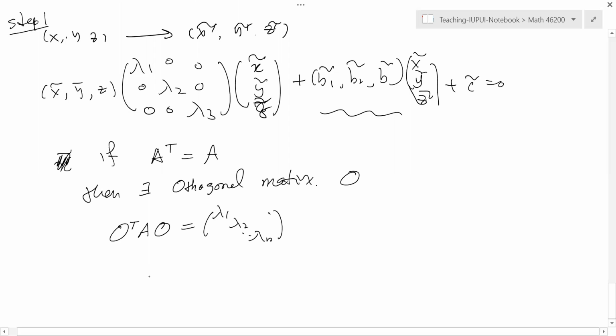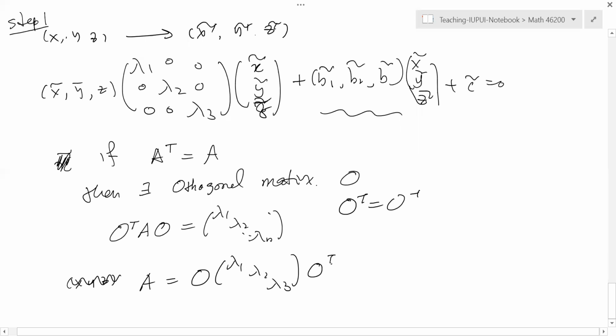So what I'm going to do is look at the matrix. Okay, here's X, Y, Z, right? And because this A is an orthogonal matrix, the transpose is going to be the inverse. Okay, it's the same. So that's why this matrix is going to be O, lambda 1, lambda 2, lambda 3, and O transpose. Okay.